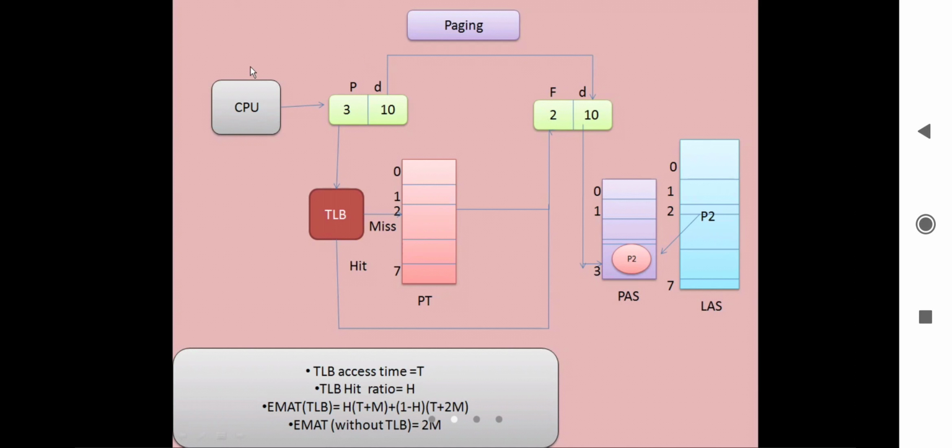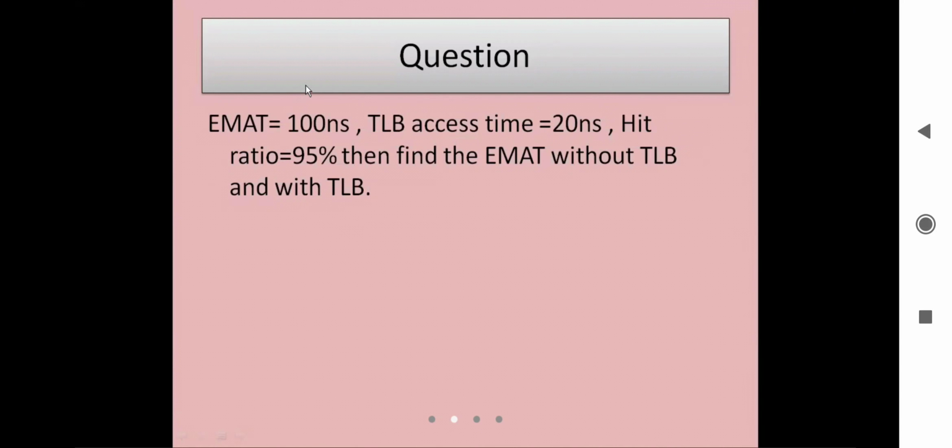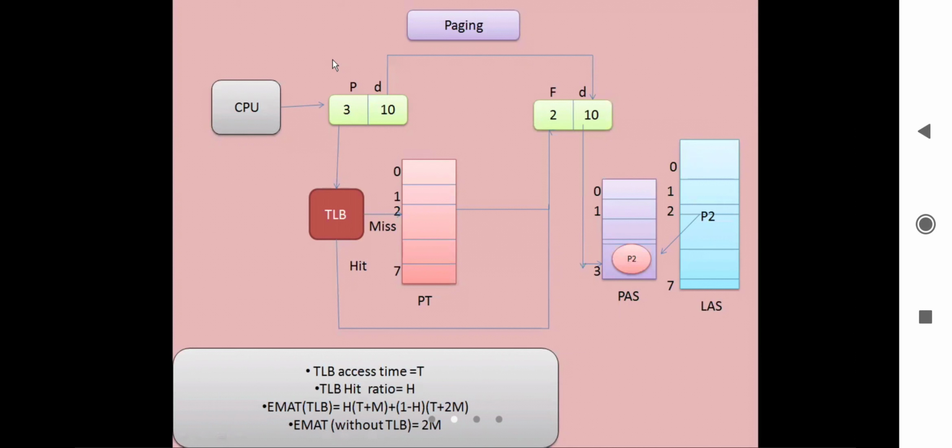Okay, so now let's see the effective memory access time with TLB and without TLB. Here is the same diagram related to paging, and we have added the TLB, translation lookaside buffer. Once the CPU generates the logical address, we look for the required page.